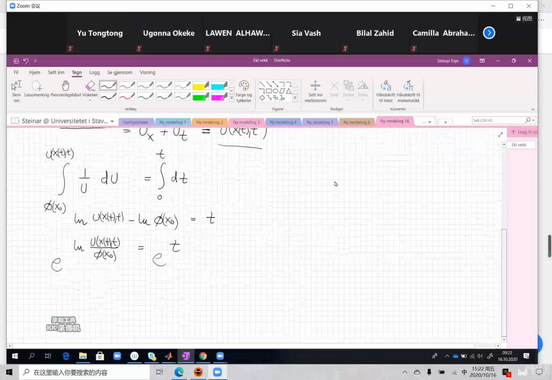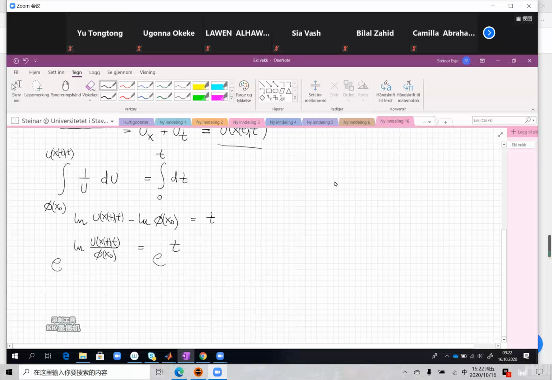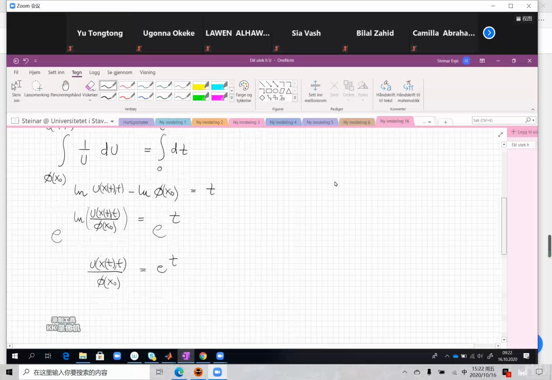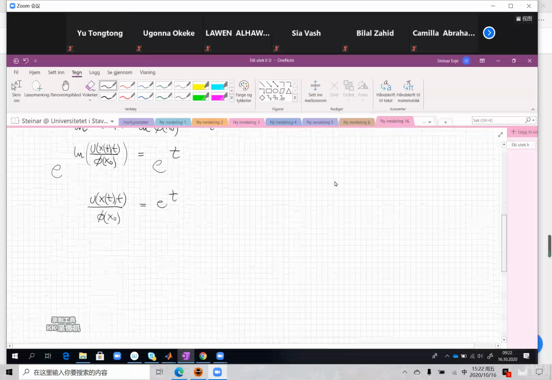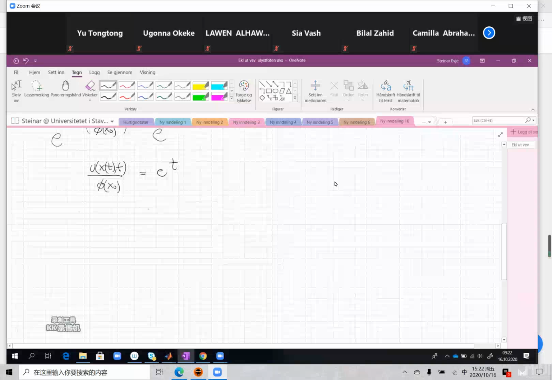The exponential function of the logarithm gives us u over φ(x0). That is, u(x(t), t) is equal to φ(x0) multiplied by the exponential function e^t.